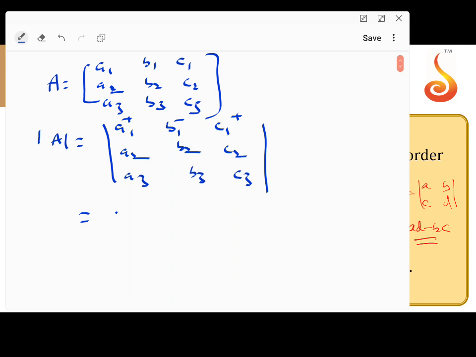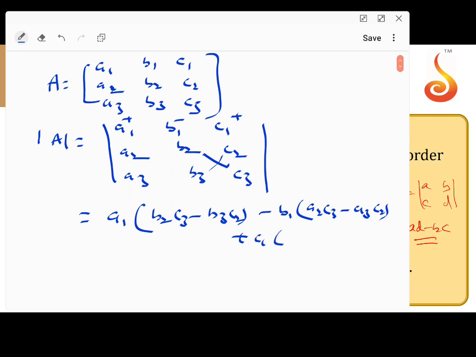Everyone knows this one, I will just recap it. a1 into b2 c3 minus b3 c2. For the middle one, always keep minus: b1 into a2 c3 minus a3 c2, plus c1 into a2 b3 minus a3 b2. That is the way to find the determinant of a matrix.